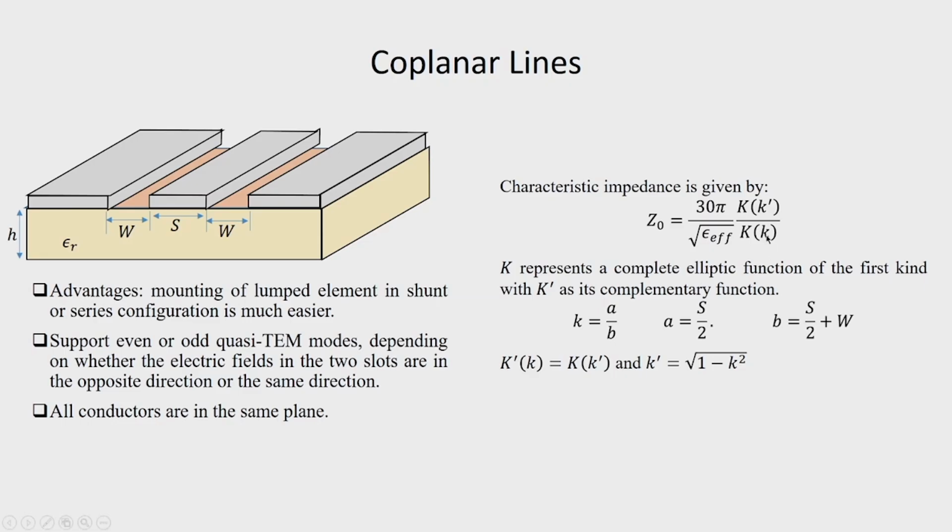The small k is defined as A by B, where A is S by 2, S is the width of the central strip, and B is S by 2 plus W, where W is the width of the slot, and therefore k will become S by 2 divided by S by 2 plus W, and k dash is square root of 1 minus k square.